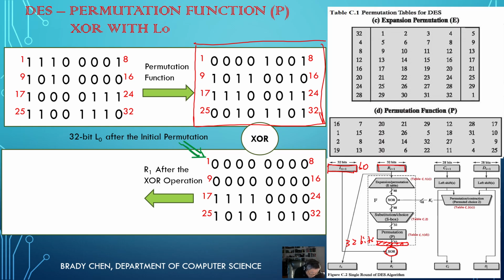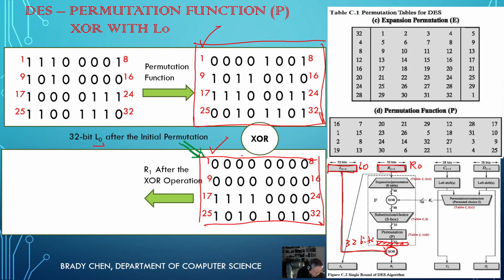Now this is R0. So now we're going to perform the exclusive OR between the result after the permutation function and the L0 here.